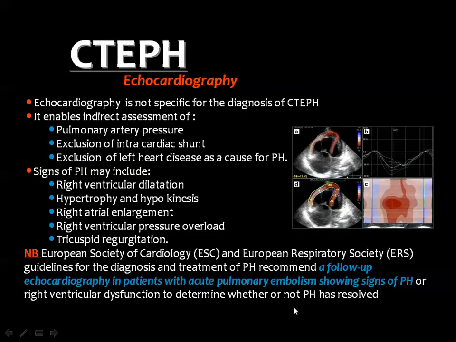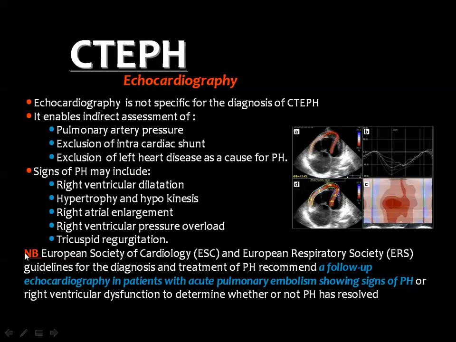Then echocardiography is not specific for the diagnosis of CTEPH, but it helps to assess the pulmonary artery pressure, excludes an intracardiac shunt, and excludes left heart disease as a cause of pulmonary arterial hypertension. The signs seen in patients with CTEPH by echocardiography include right ventricular and right atrial dilatation, right ventricular pressure overload, and tricuspid regurgitation.